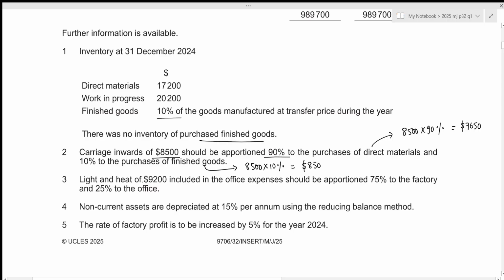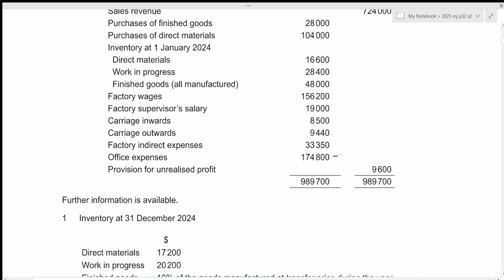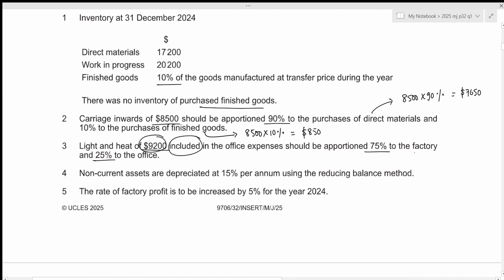Then light and heat of 9,200 included in the office expenses should be apportioned 75% to the factory and 25% to the office. So this 9,200 was previously included in the office expenses. Let's remove that first. So we need to remove the 9,200 here. Then 75% should be apportioned to the factory. So 9,200 times 75%.